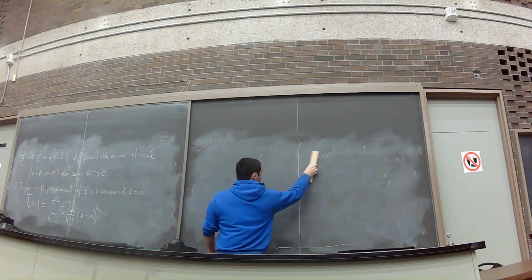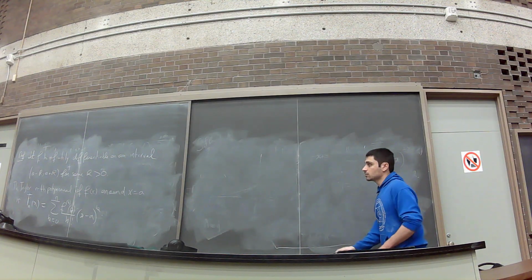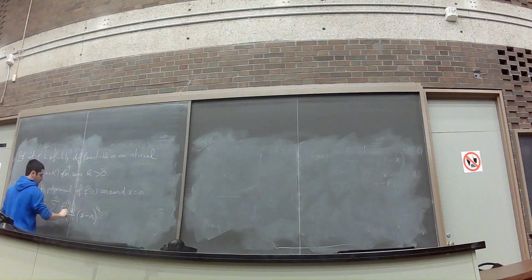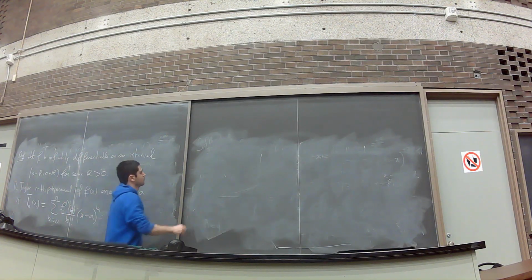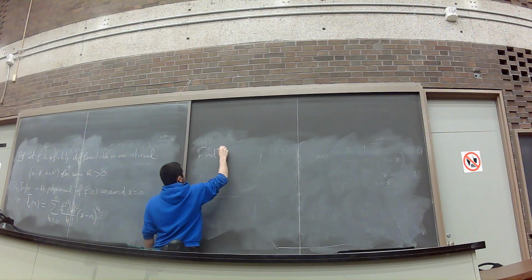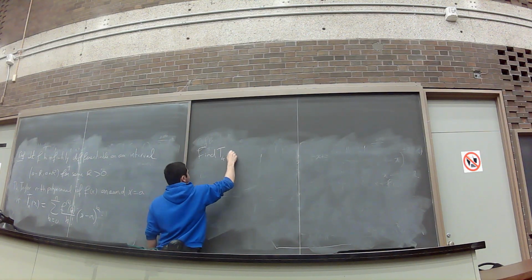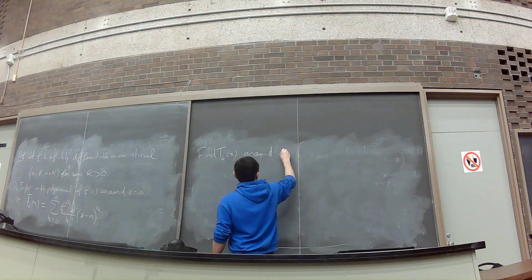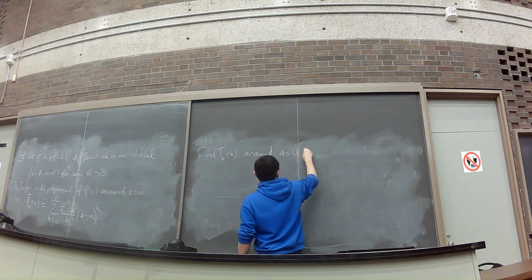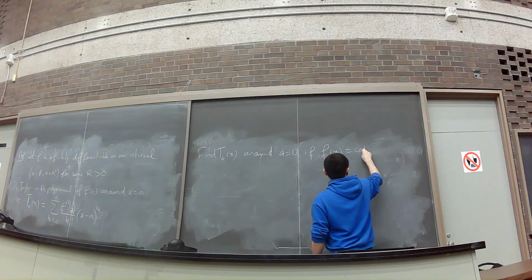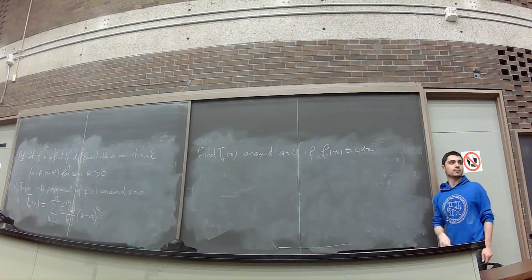Let's do a small example. I have f k of 0, sorry, it's not 0 here. It's 8. It's around 8. Okay, find T4 of x around a equals 0, if f of x is cosine x.